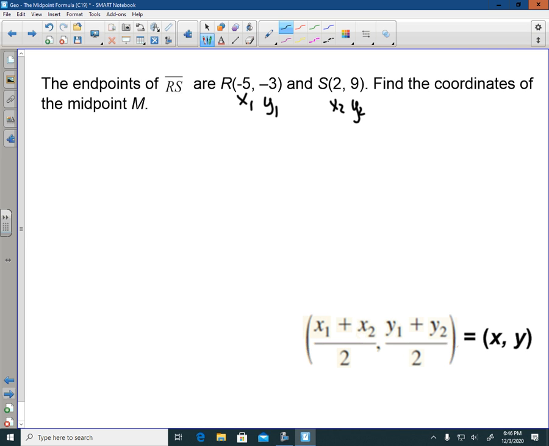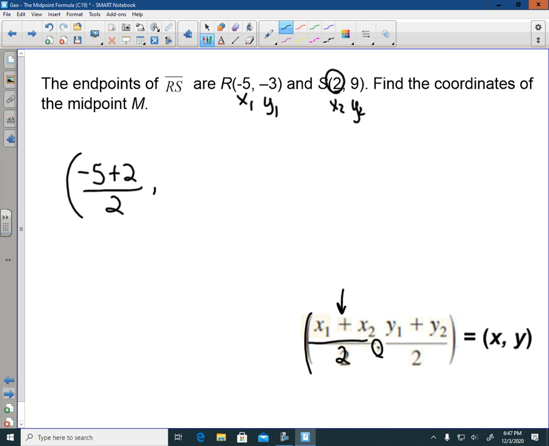So the formula says start with x1. Well, what is the value of x1? It's -5. And then the formula says to add, so we will. And then we want to find the value of x2. Well, let's see. It looks like that is 2. Now, the formula says to put that all over 2, and so I'm going to. The formula also says that you need some parentheses, so I'll put that in. And the formula says to put a comma between them, because remember, what you're calculating is a point.